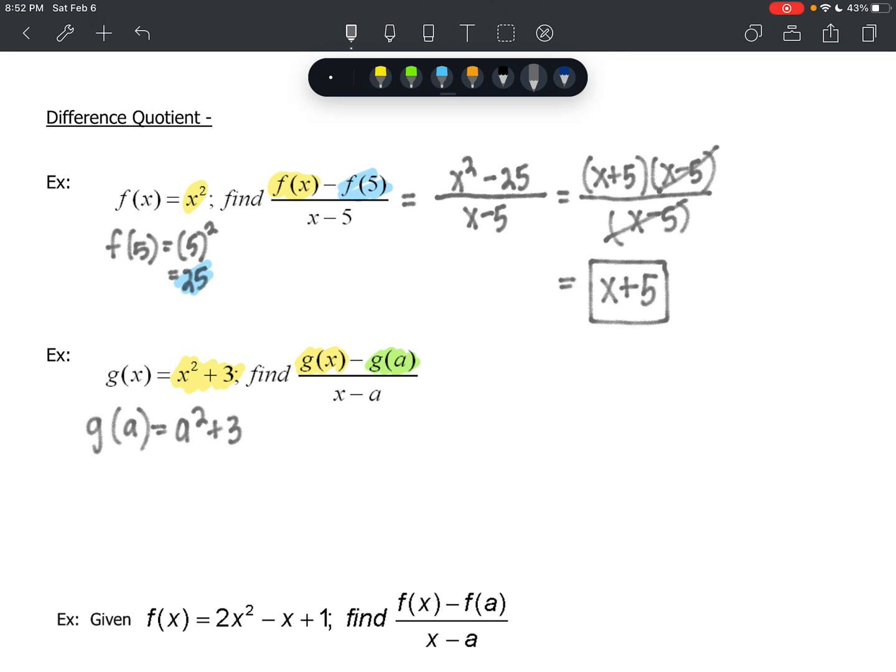Everywhere I see an x, I put an a in its place. So in place of g of a, I can put a squared plus 3. So we're going to have x squared plus 3, that's our yellow function, minus all of the green function, and all of the green function is a squared plus 3. And then in the denominator, we have x minus a.